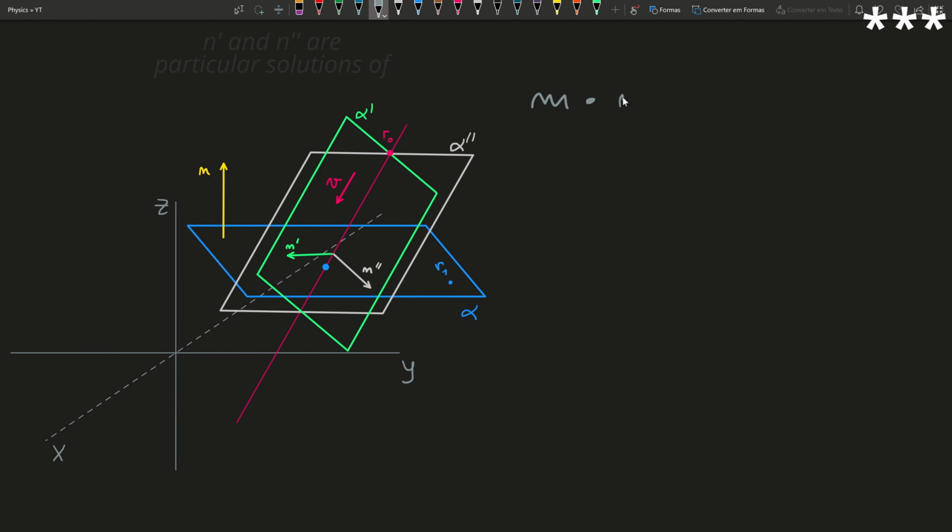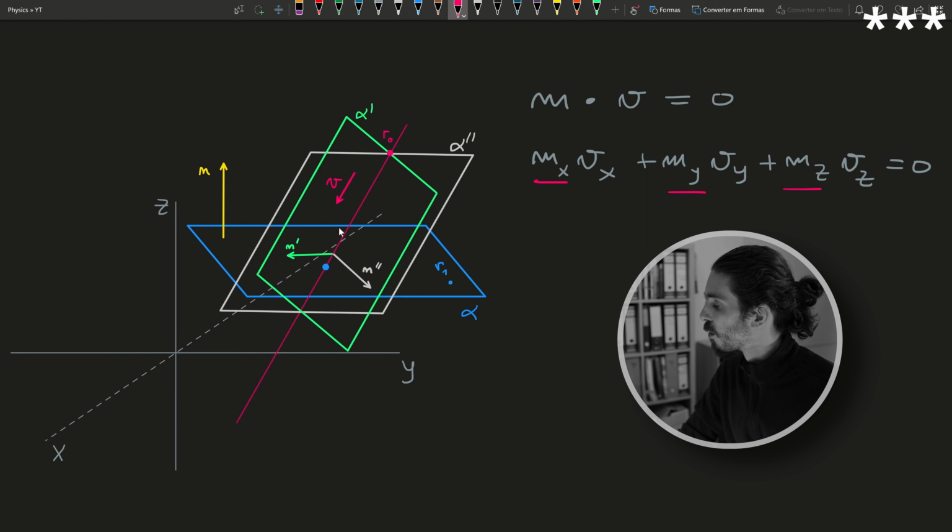Those perpendicular vectors that we seek are the solutions n, which when dotted with v are equal to 0, or in components, mx times vx plus my times vy plus mz times vz equal to 0. This equation has three unknowns, and so there are many solutions for it.